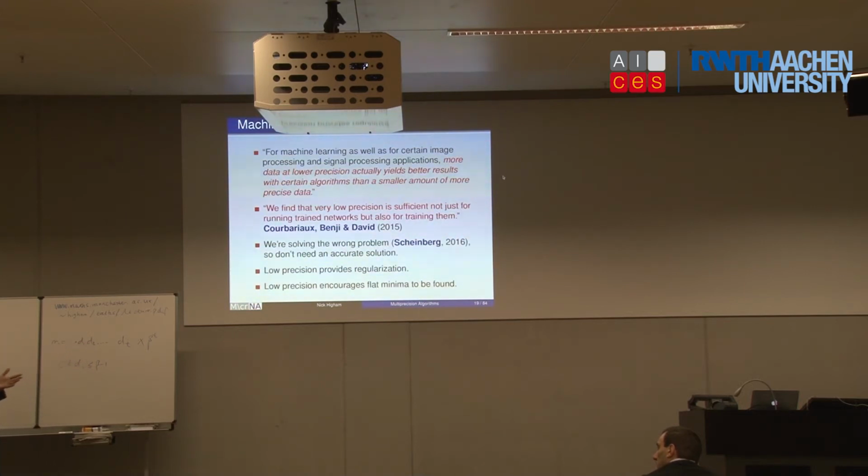Low precision would be further encouragement to find flat minima, because in low precision you can't even resolve these very sharp minima. So I think those are possibly three components of an answer, but I've seen no real careful analysis or explanation of why low precision works in machine learning. To me that's still a bit of a mystery. The only thing I would say is that clearly in machine learning, the measure of success is not relative error in the sense that we're used to in numerical computation. It's more, has it recognized the difference between a cat and a dog?